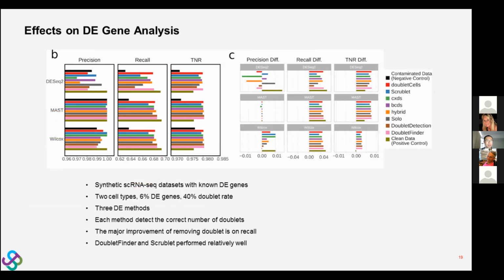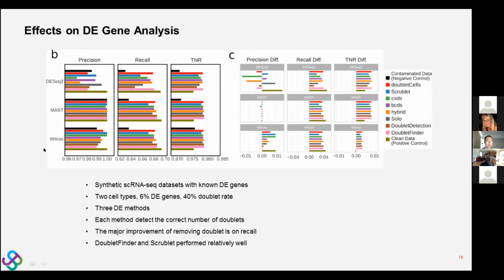So next, we check the effect on DE gene analysis. Still we use simulations with true DE labels and use different methods to remove a certain number of doublets, and check the precision, recall, and true negative rate of DE genes using 3 commonly used DE analysis methods.